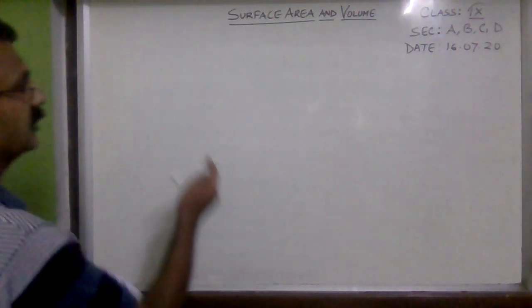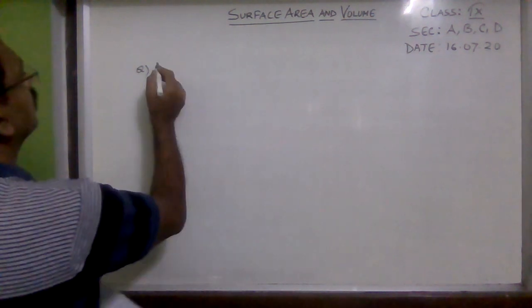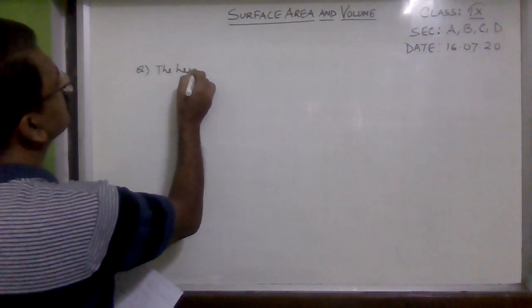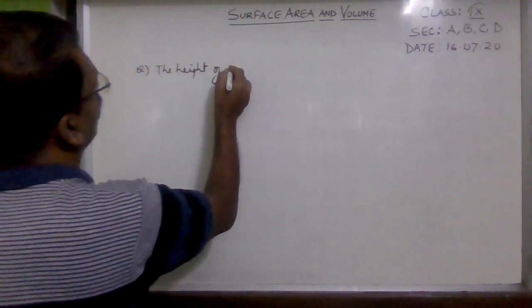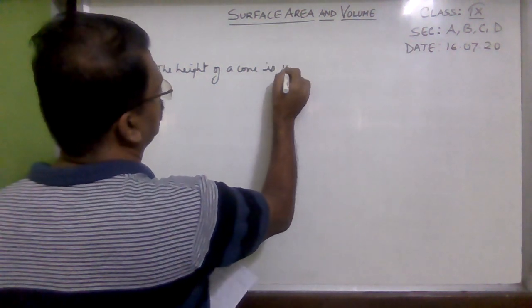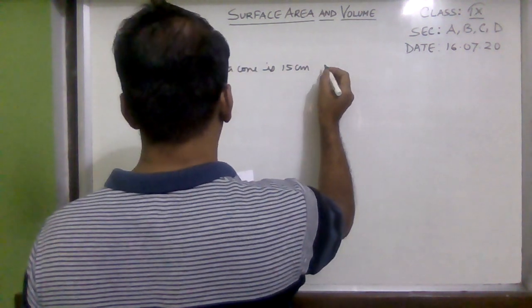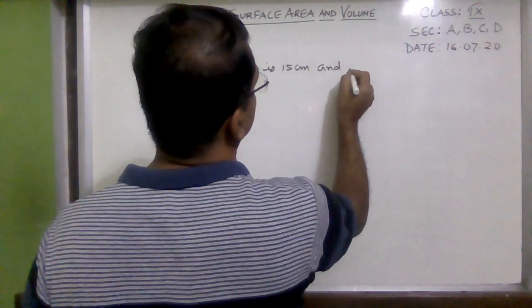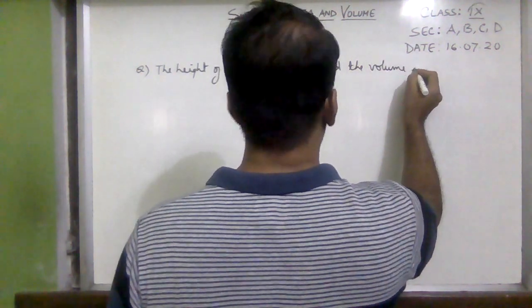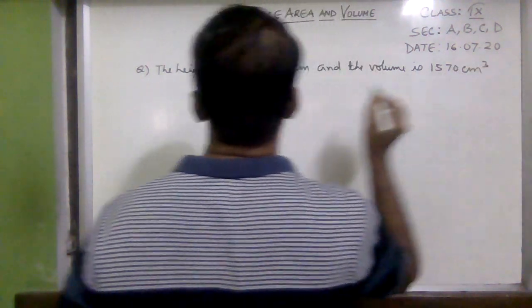So the first sum for today: the height of a cone is 15 centimeter and the volume is 1570 centimeter cube.